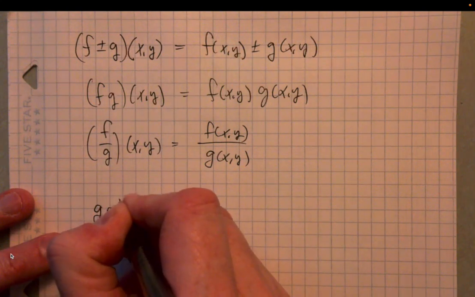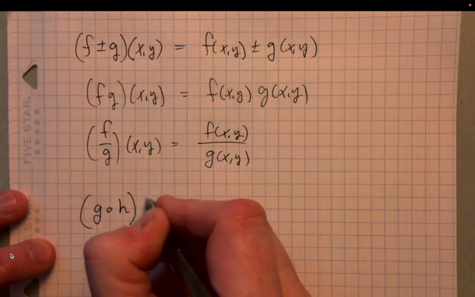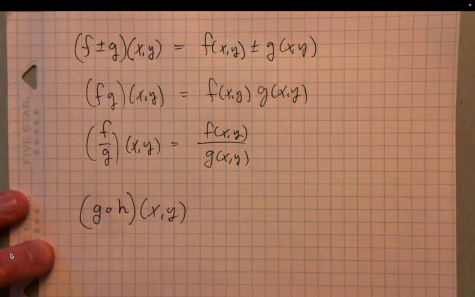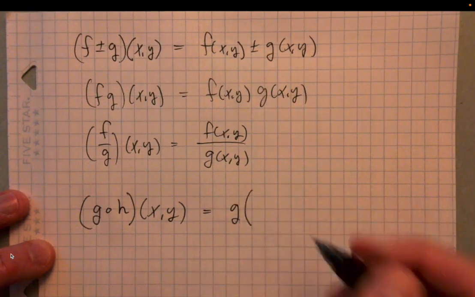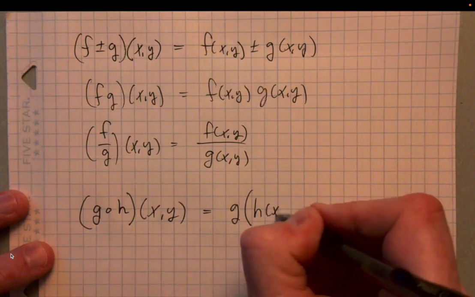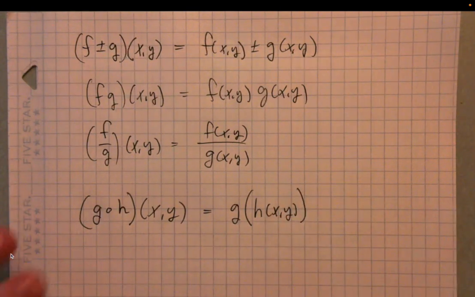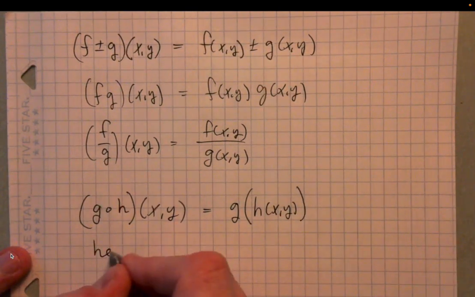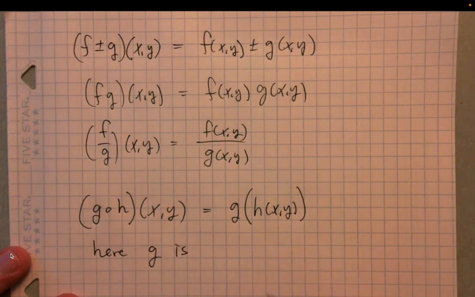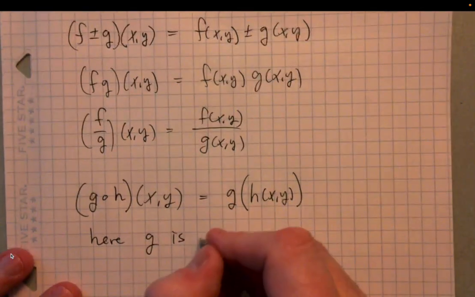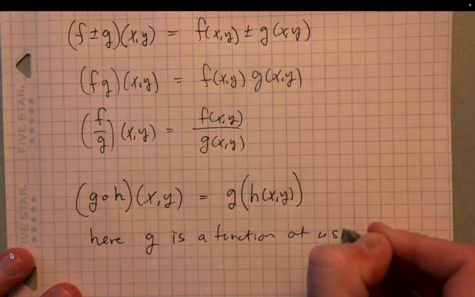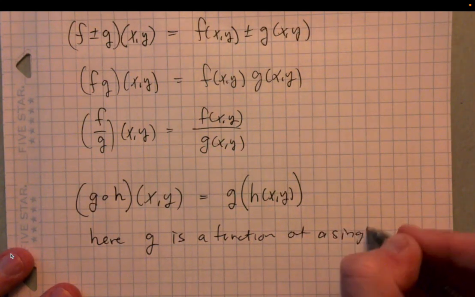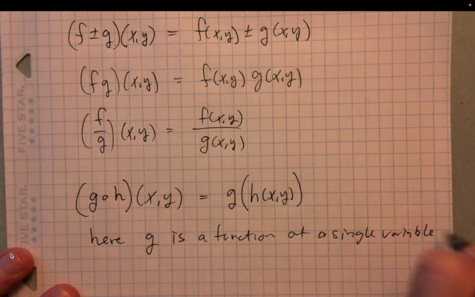So g composed with h of x, y would be written as g of h of x, y. Now here, g is a function of a single variable.